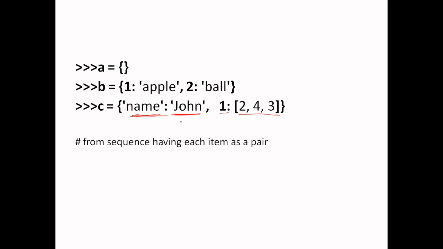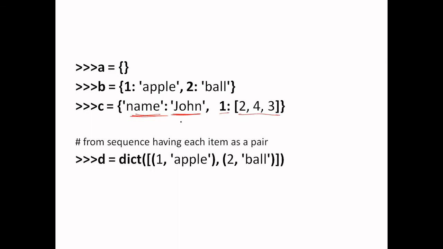We can also create a dictionary using a sequence of elements, but this sequence must have pairs, so that the pair's first part will become the key and the second part will become the value. Let's have an example. In this case, I'm calling the dict function. Basically, it is a constructor. We will see later on what a constructor is.